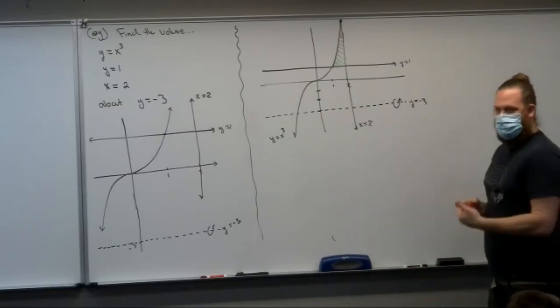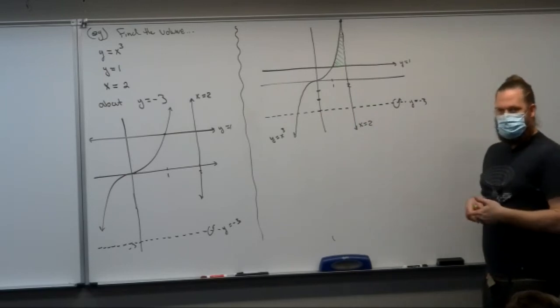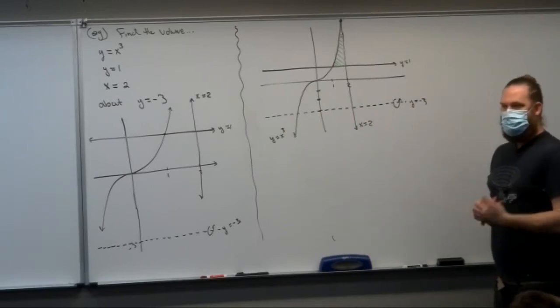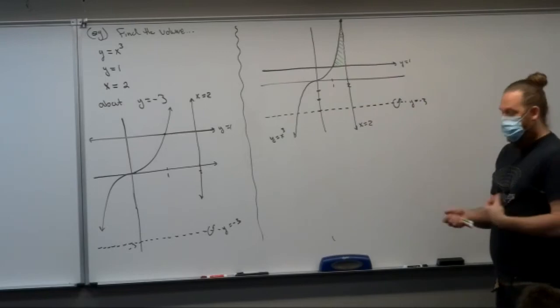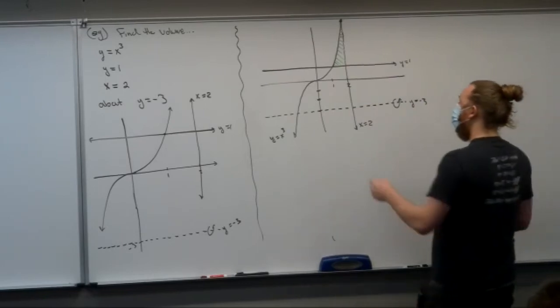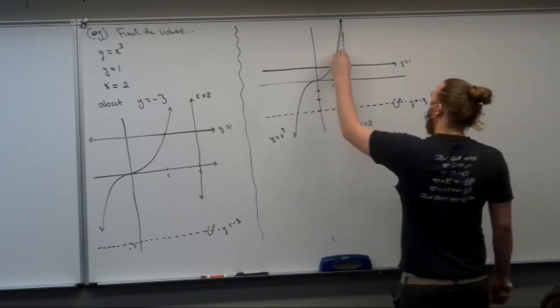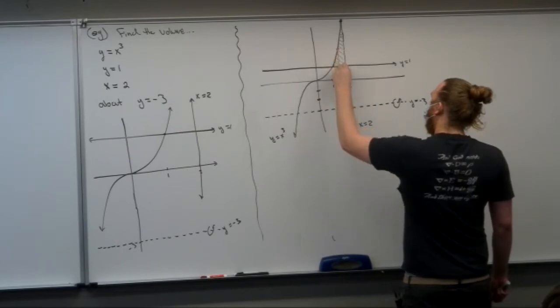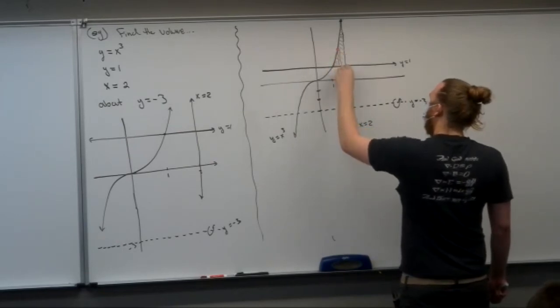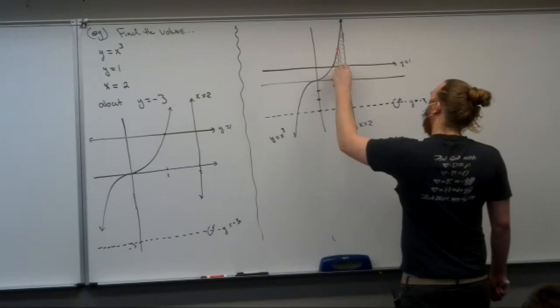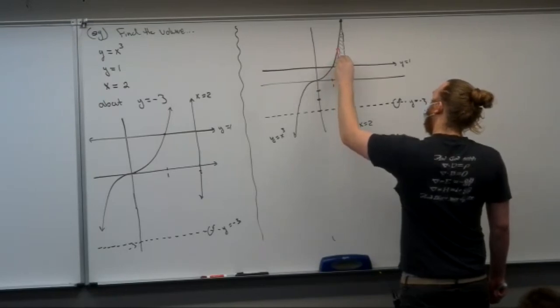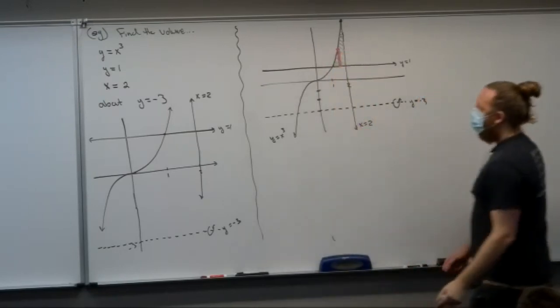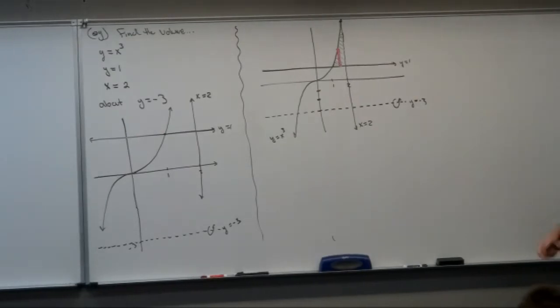Sketch your boundary curves, identify your region, draw on the axis of rotation. Next step, draw the strip. The strip always goes perpendicular to the axis of rotation and always at an arbitrary x value within my region. Here's my little strip. Its little thickness is a dx thickness.